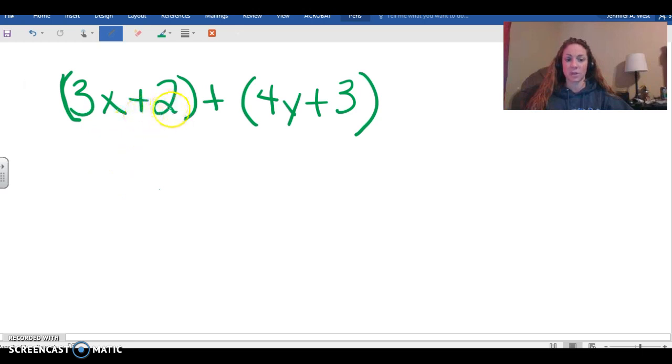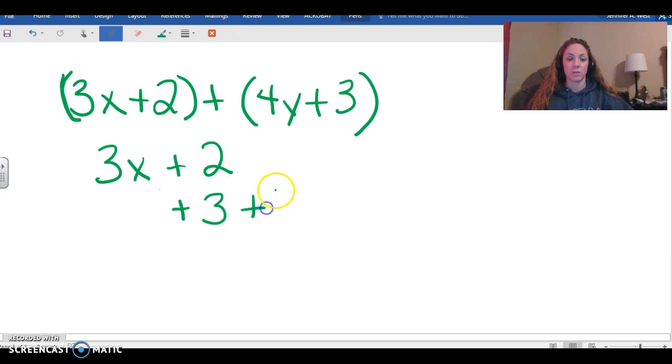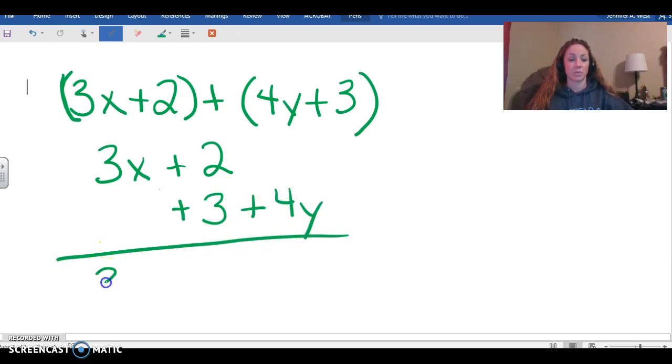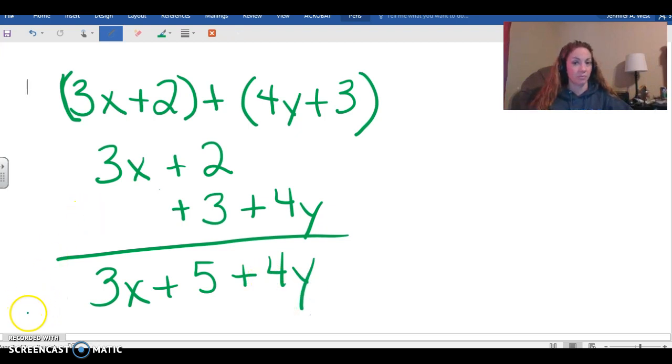But we do have a 2 and a 3 with no variable with it. So let's see. We could do 3x plus 2 and then add the 3, plus 4y. This one we can't do too much with. So we have 3x + 5 + 4y. So far, so good? Okay.